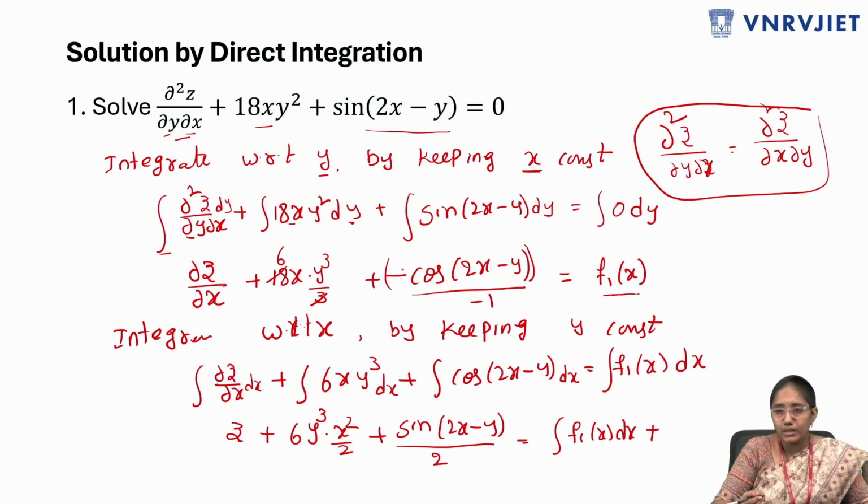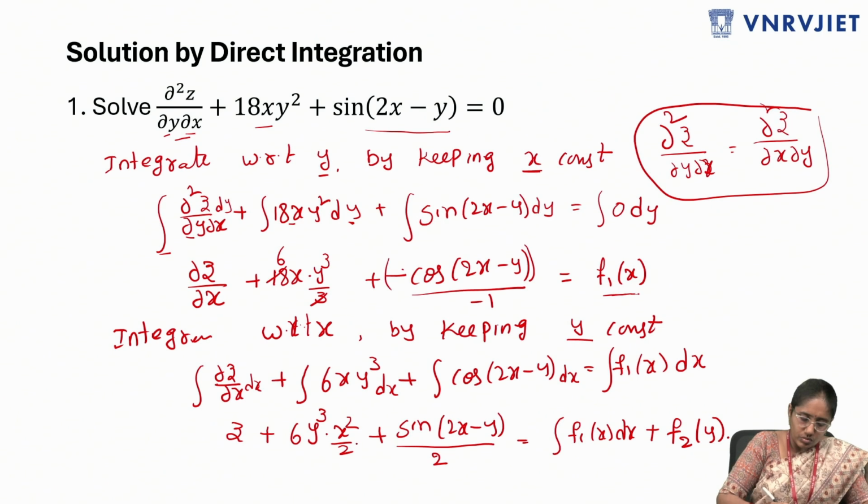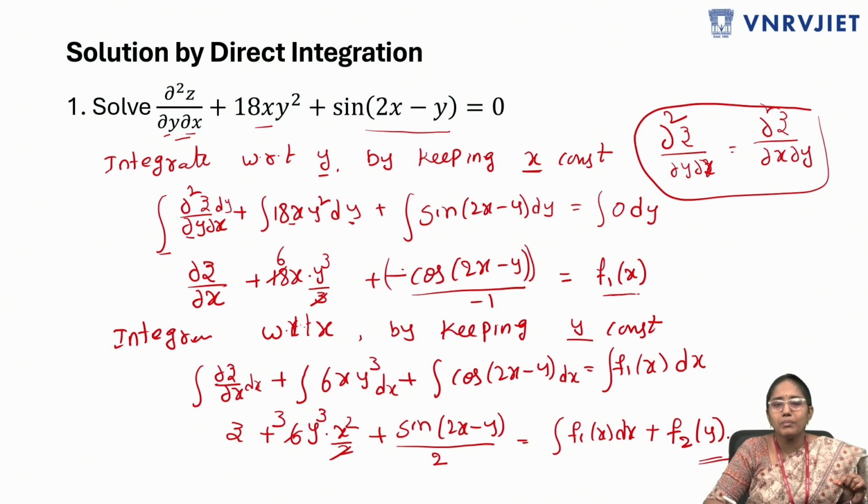What is that arbitrary function here? Here y is constant, so we add a function of y. Just simplify this; this is the required solution. That's it. This is applicable only when the given equation has one term with derivatives and all the other terms are functions of x and y, then we integrate directly.